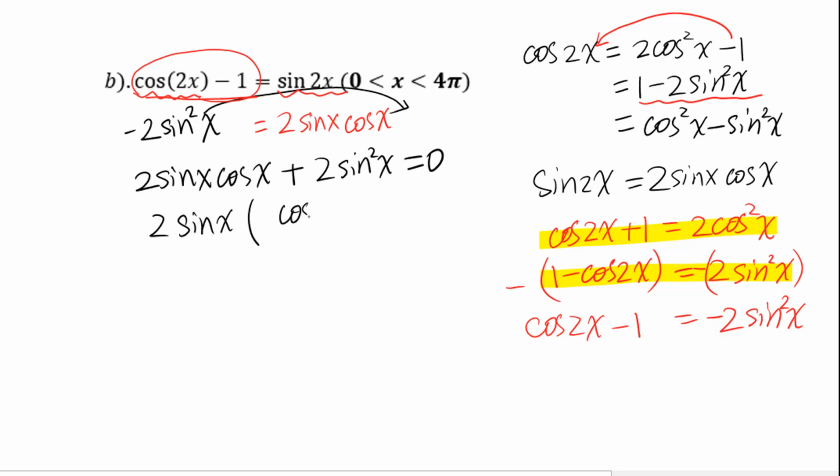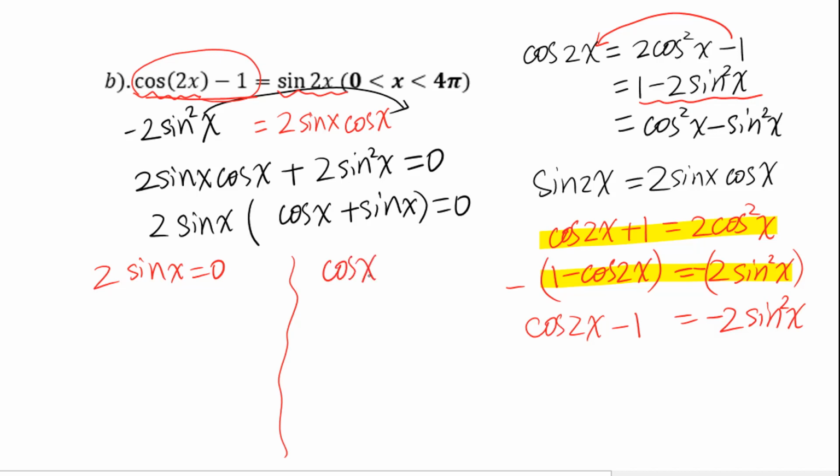We get cosine x plus sine x equals 0. Then we can set up 2 sine x equals 0 or cosine x plus sine x equals 0.